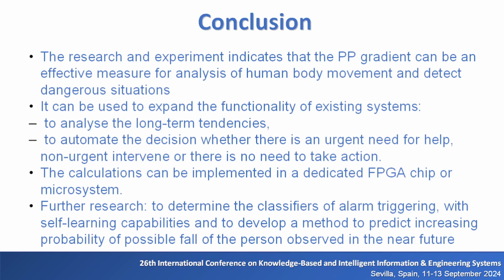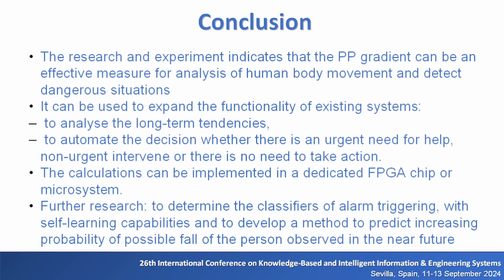It could be used to expand functionality of existing systems, for example, to analyze long-term tendencies based on statistics of falls, and to automate decisions whether there is an urgent need for help, or it is not urgent, or perhaps there is no need at all to take an action.